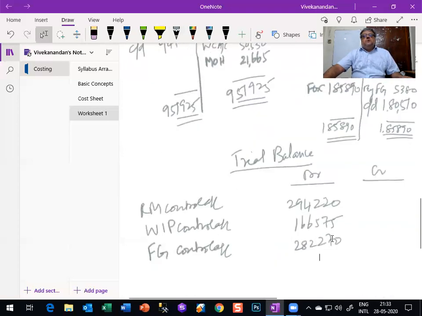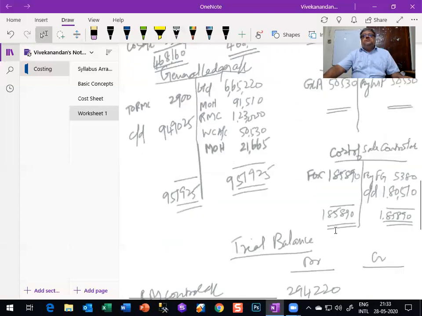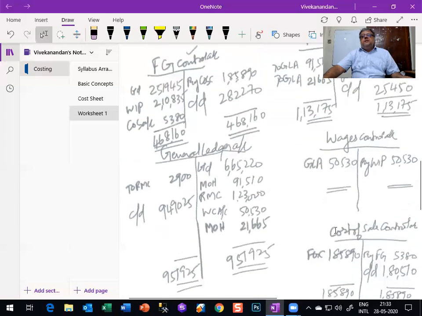Then manufacturing overhead control account. How much? 25,450.